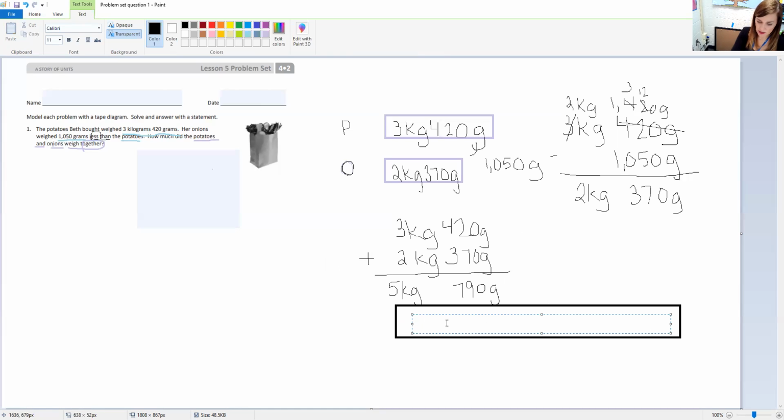I could say the potatoes and onions weigh 5 kilograms, 970 grams all together.